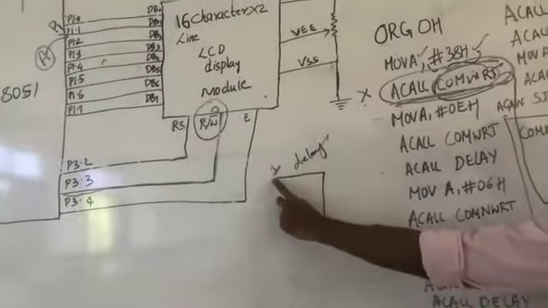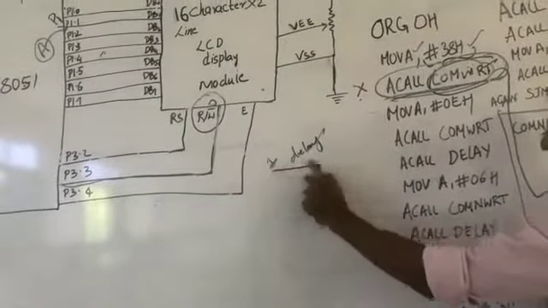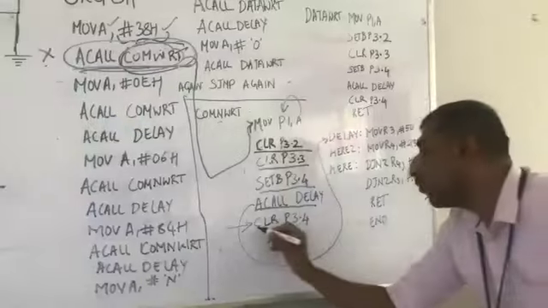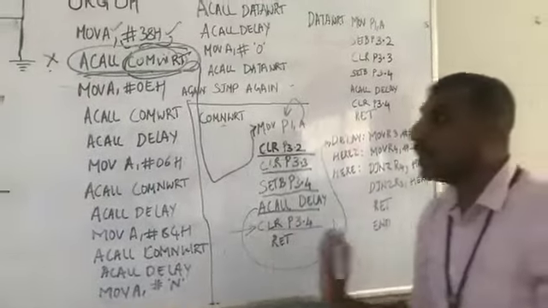And see here, you had given 1 to P3.4. Now you have created a delay. What should you do now? You should make P3.4 go to 0. Therefore, clear P3.4. By doing this, what have you done?